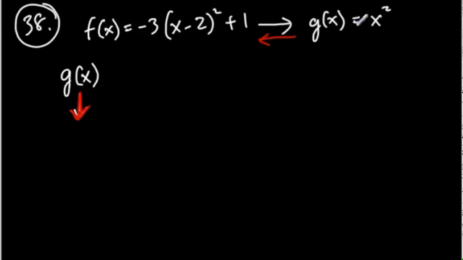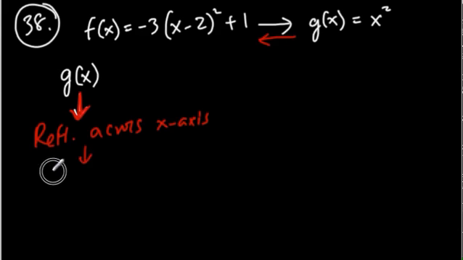So if I'm trying to go from g to f, I can see that first there's a reflection across the x-axis. So reflection across x, okay? Then there's a vertical stretch by 3. Then we have to move right 2. We move right 2, and then we move up 1.